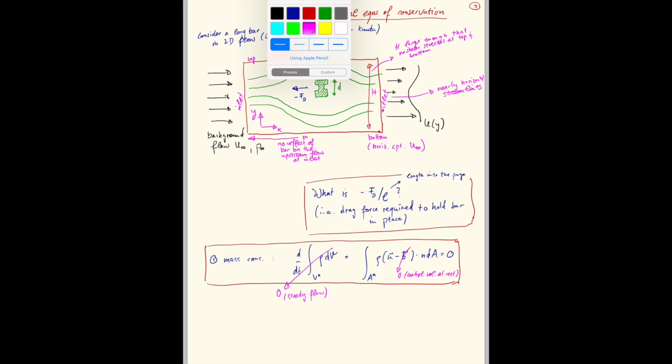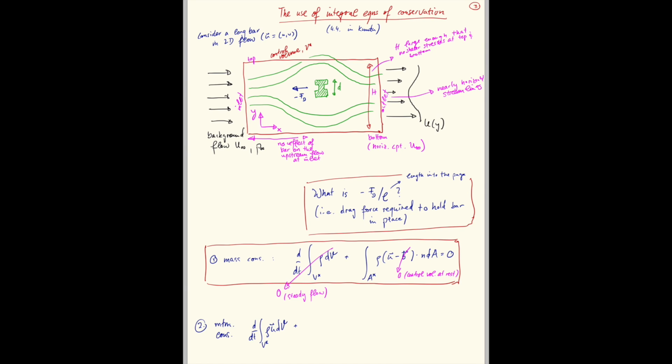The second conservation equation is momentum. And here again we have the transient term plus the surface term, the integral of rho u (u minus b) dot n dA, and that has to equal the volume force term, rho g dV, plus the surface force term.